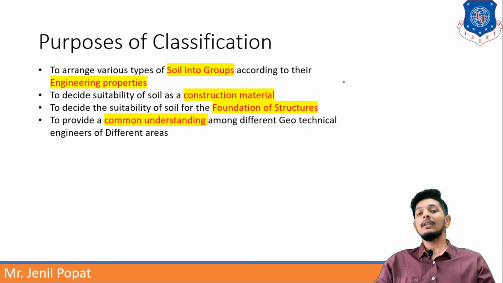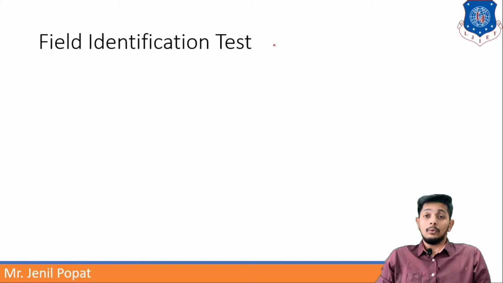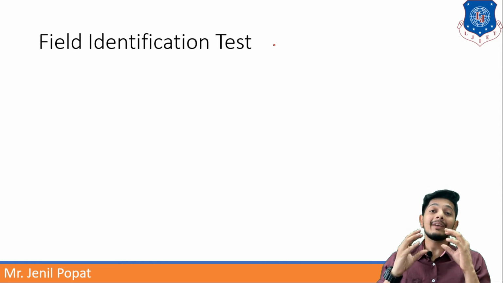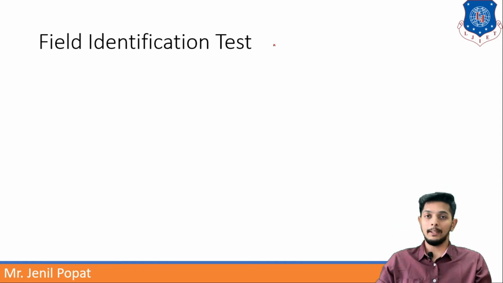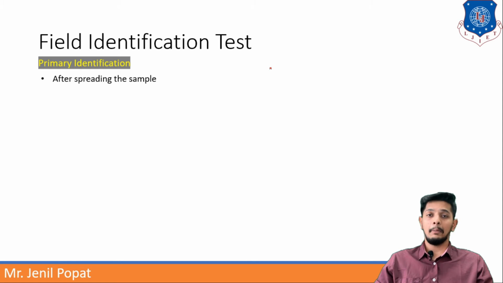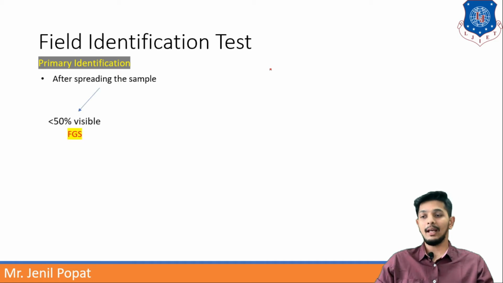After that, we need to learn field identification tests. When you go on the field, you do not have machines with you, so you have to identify the soil with your eyes and with your senses only. For that, you need to use this knowledge. For primary identification, you have to spread the sample somewhere and observe it with the naked eyes.